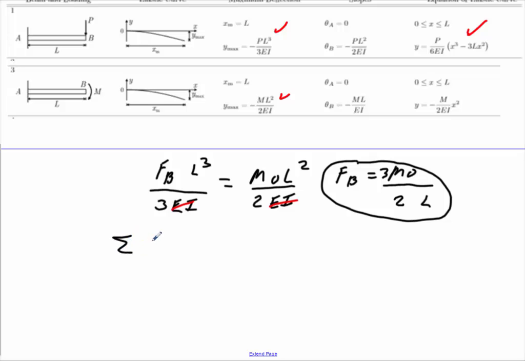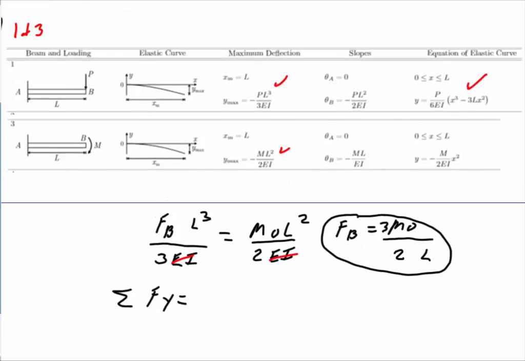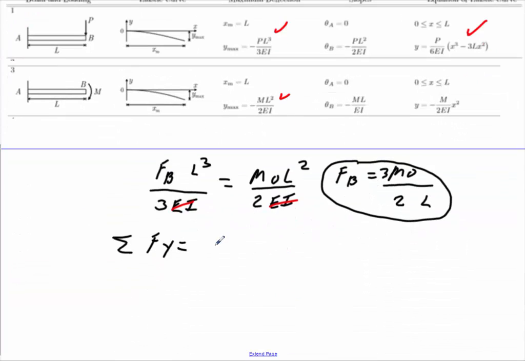Summation of forces in the y direction was going to equal FB minus FA. So that is equal to FA. So we know that AY also is going to equal 3MO over 2L.